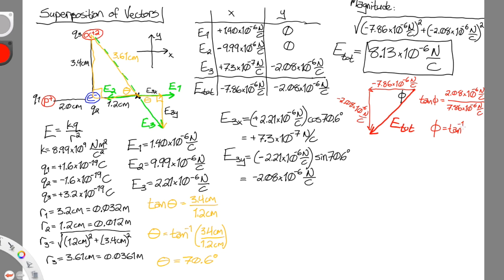So I've kind of run out of room here, so I'm going to drop the units just for this step and drop the 10 to the negative 6th because it would cancel out anyway. And that gives us an angle of, let's check and see what my notes say, 14.8 degrees.